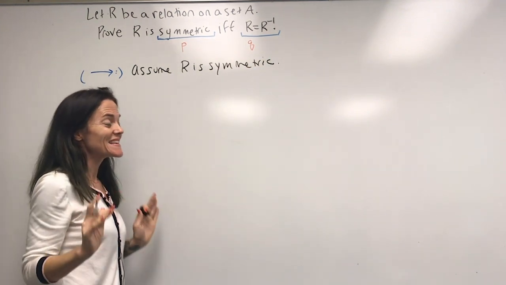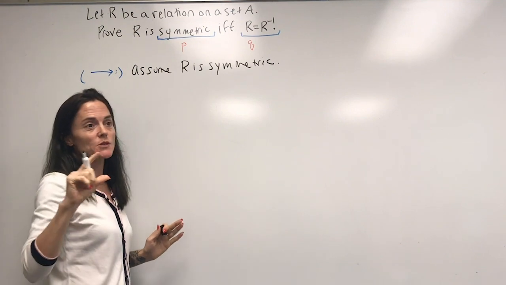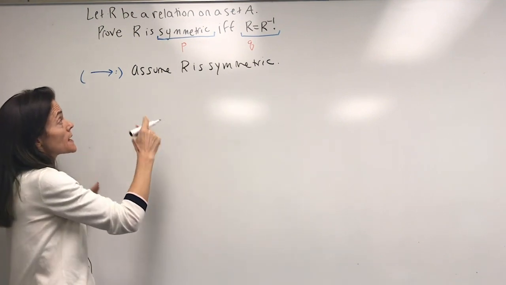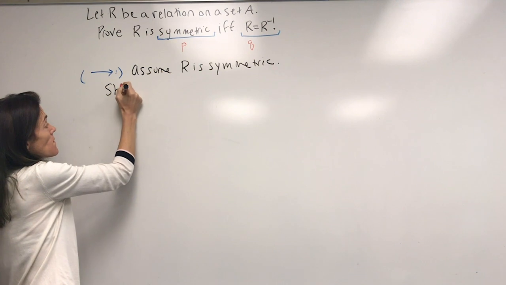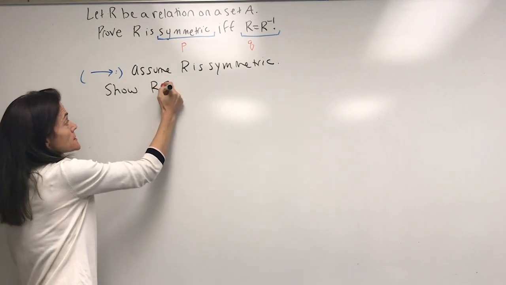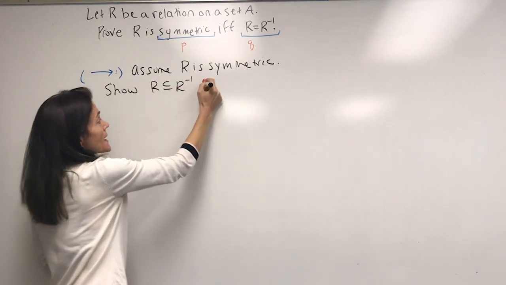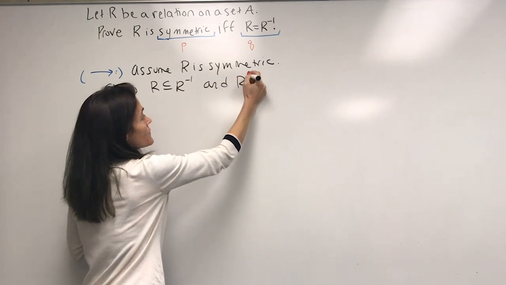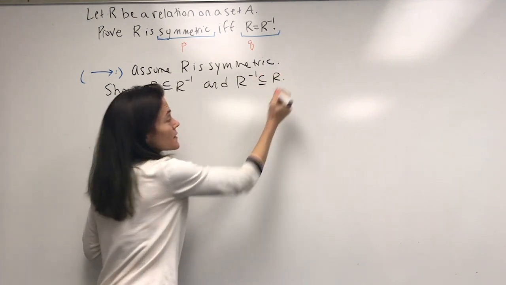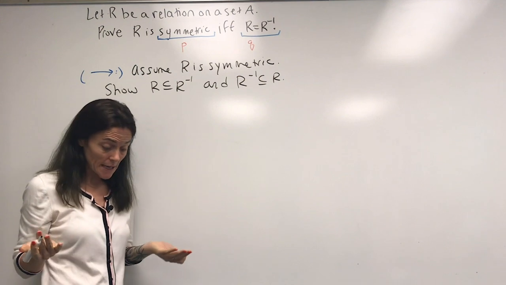And this is two sets, right? So we need to show R is a subset of R inverse, and R inverse is a subset of R, right? This is how we show two sets are equal.